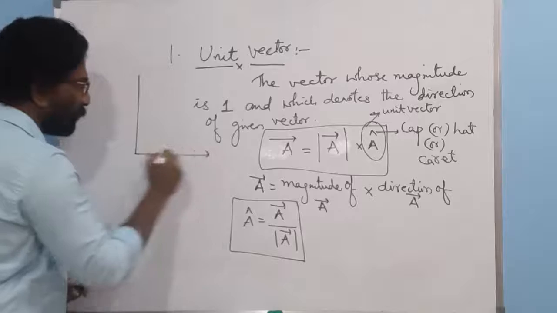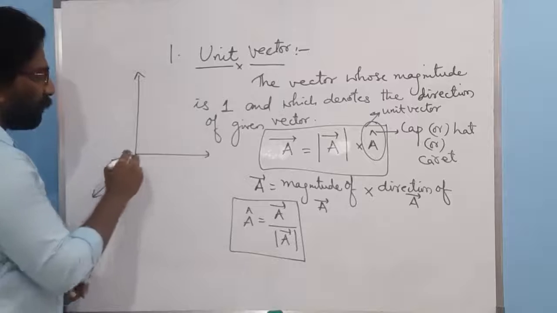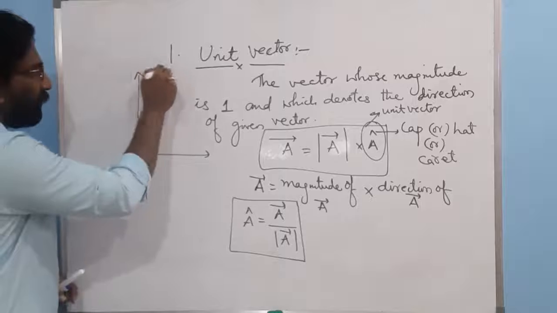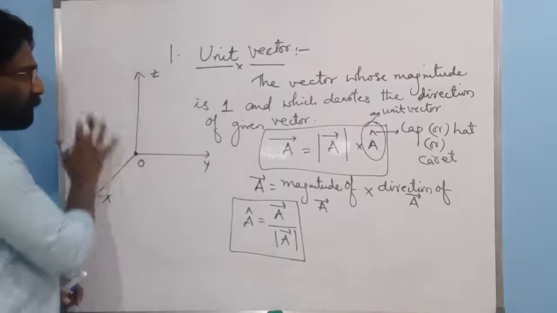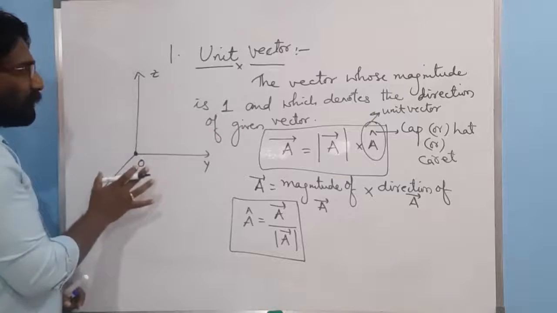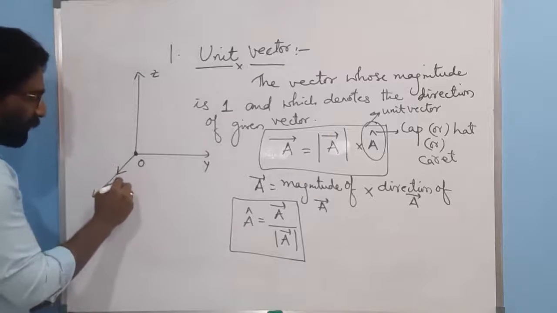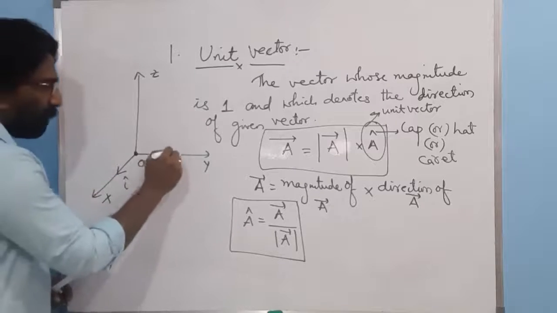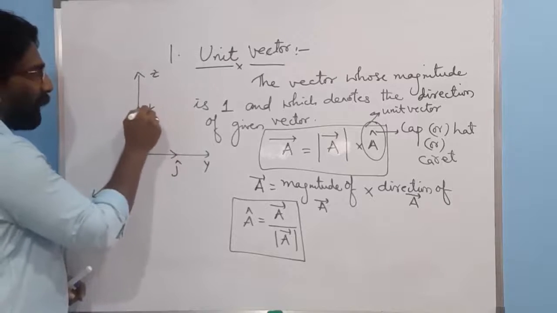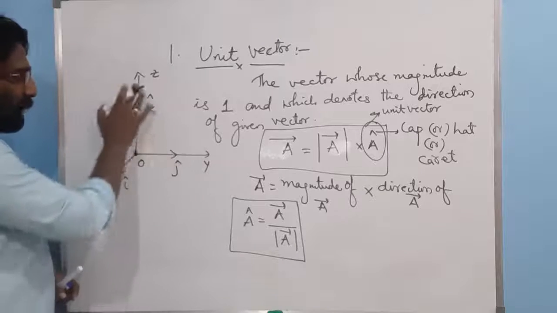There are three lines which are mutually perpendicular to each other, joining at one common point O. Let these be X, Z and Y axes. Since all three axes are mutually perpendicular, the unit vector along the X axis is I cap, the unit vector along the Y axis is J cap, and the unit vector along the Z axis is K cap. So these are the different unit vectors defined across three different axes.